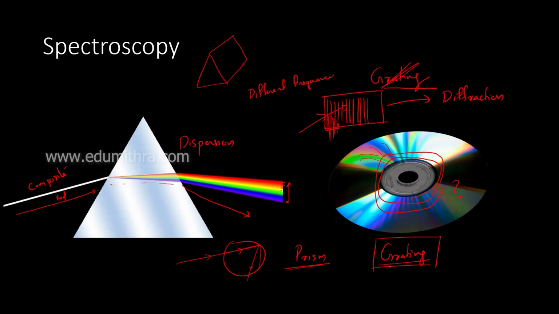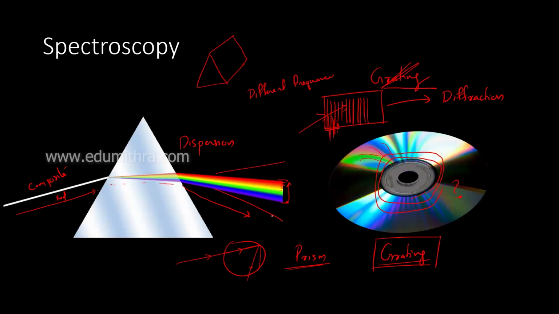For example, if a prism splits the light this wide, with a grating I can split it more, or open it wider, so that I can even see what is inside each of the frequencies.